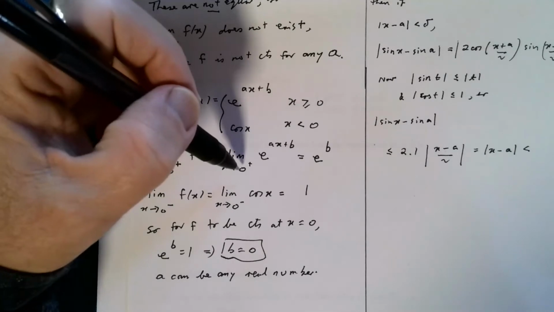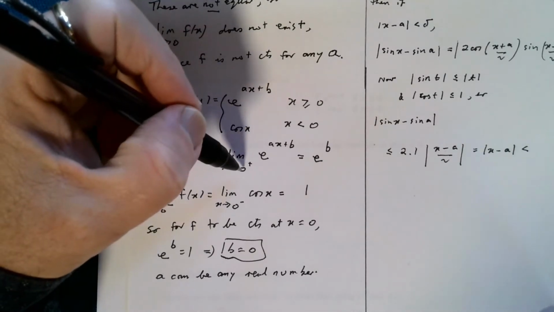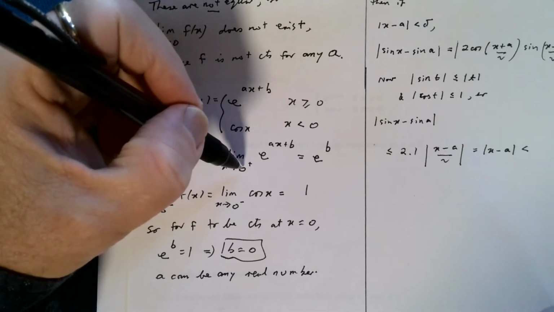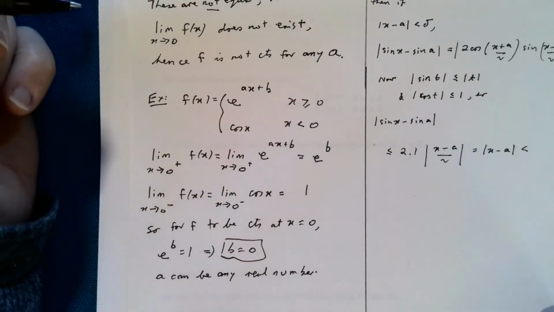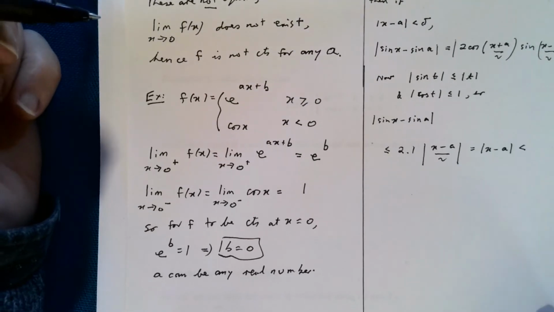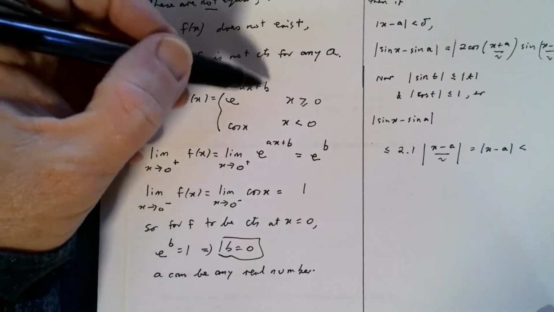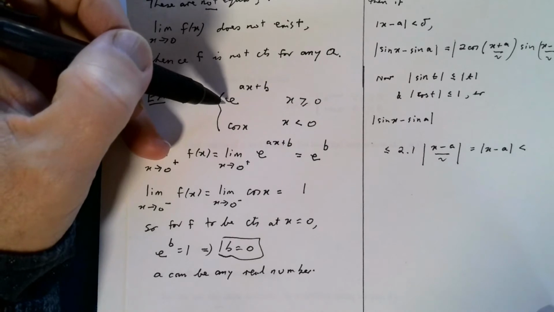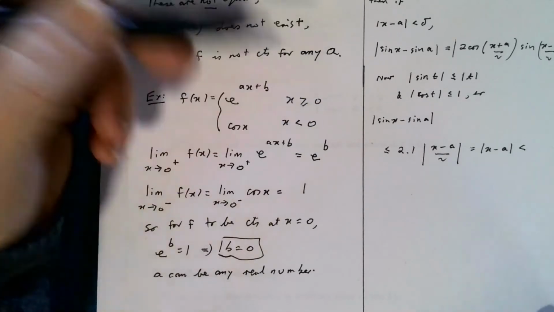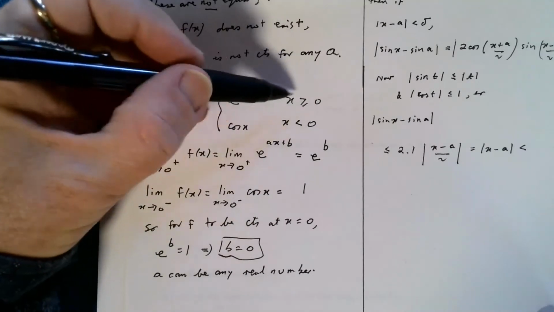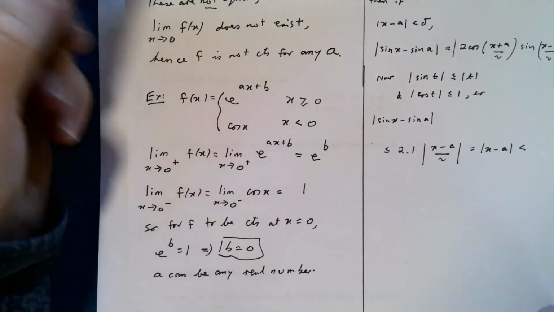Now I can just plug in 0 into this, so that just gives me e to the b. I can't do much more with that at the minute. So as I get closer and closer to 0, I'm getting close to e to the b, and in fact at x is 0, which is in the definition, I just get e to the b.